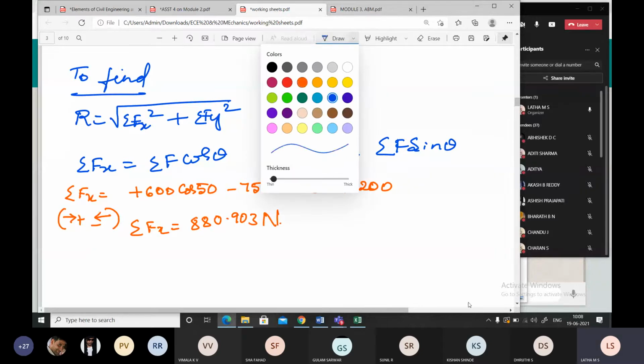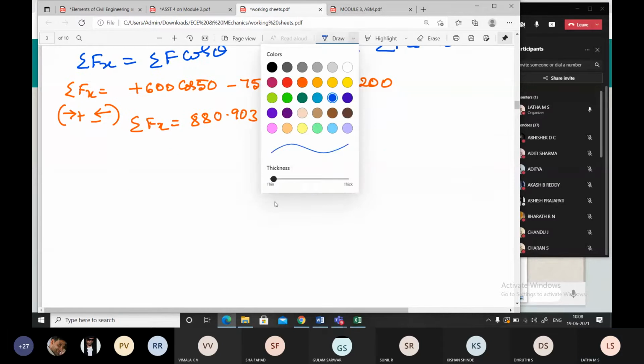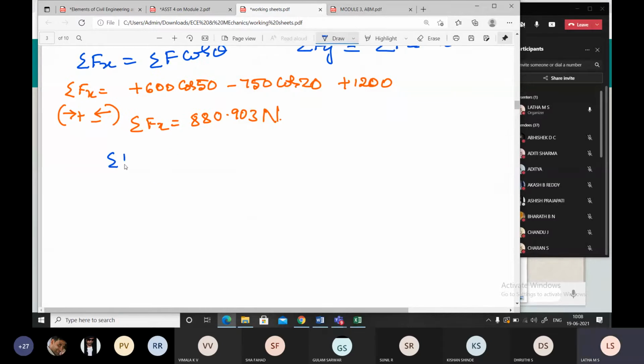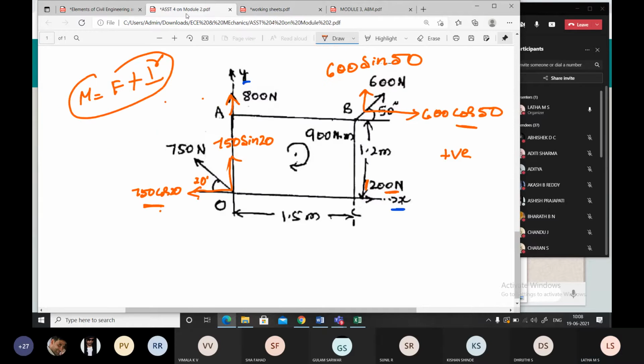Now tell me about sigma Fy. How do you take? All upward forces positive, all downward forces negative. Yes. Now sum up all the forces quickly. How many forces do you find? 750 sin 20 is moving up. 800 is moving up. 600 sin 50 is moving up.